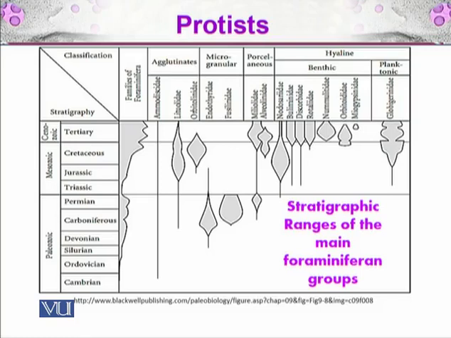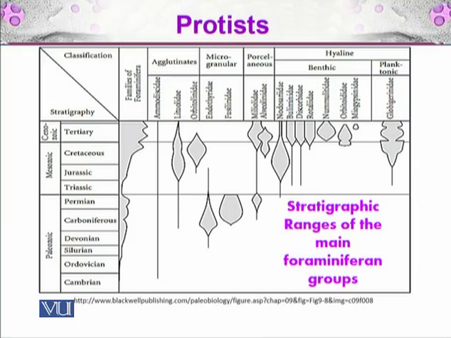The Ammodiscidae are agglutinates, which formed earliest, and later groups formed along the way. Where the width is greater, those groups were much more prevalent, and where it is just a line, they were not so prevalent in that era.